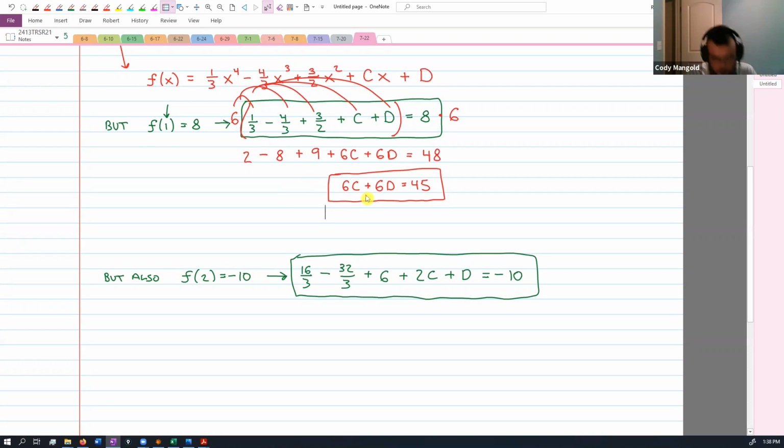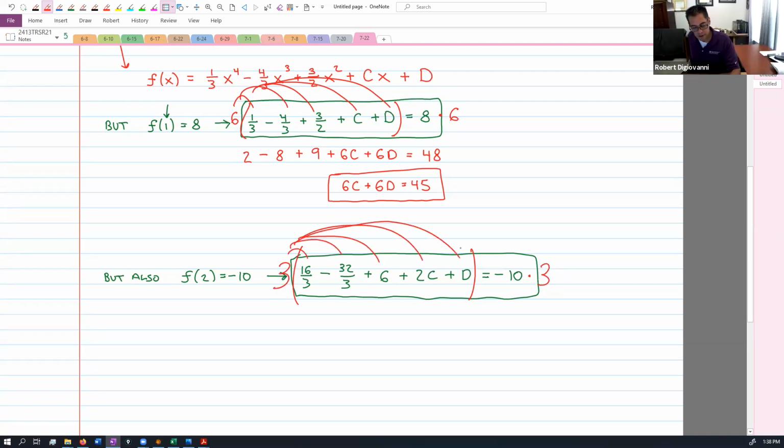Fair enough. So on this one, I'm going to multiply both sides by what number? We'll clear the fractions here. 3. Okay, 3 on both sides. So I distribute here, here, here, here, here. So we get 16 minus 32 plus 18 plus 6c plus 3d equals -30.